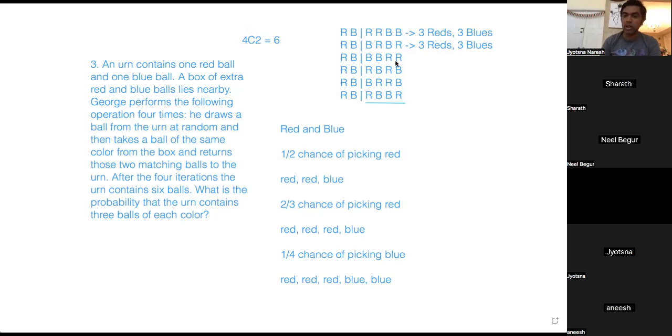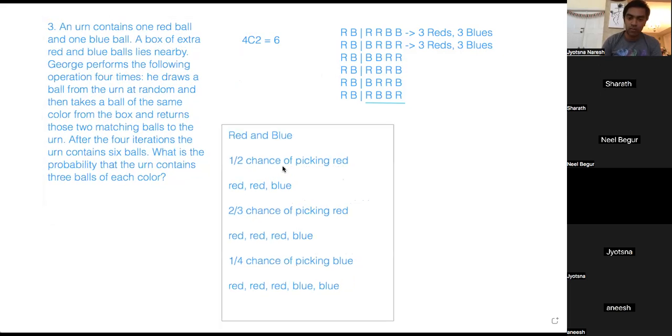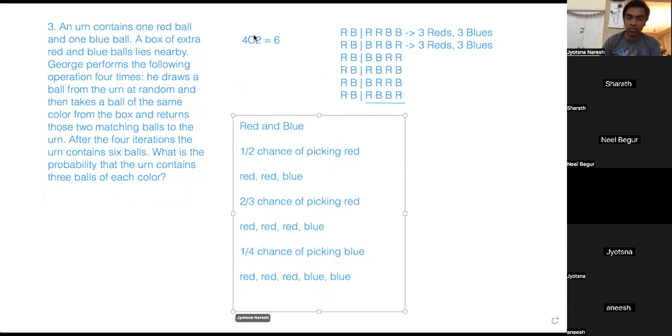Okay, so now that we've done this, let's start using the same approach that Ishan showed for the first one, and let's try to repeat that for each of the other ones. So you start with red and blue. Now, if we're picking this first ordering here, we want to say, okay, the next one I pick needs to be a red. What's the chance of picking a red here?